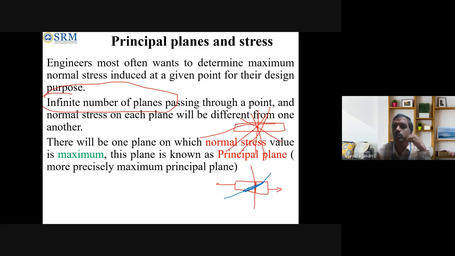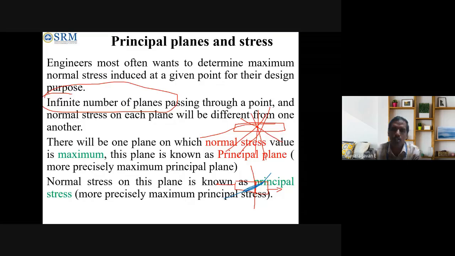For this tensile loading, only the vertical plane will have the maximum stress, so that vertical plane will be called a principal plane if there is only one load acting like this. That stress is also known as the principal stress.